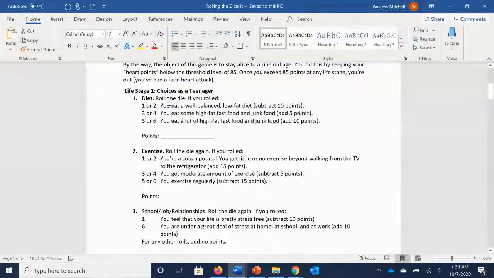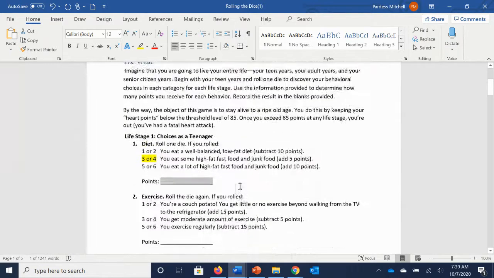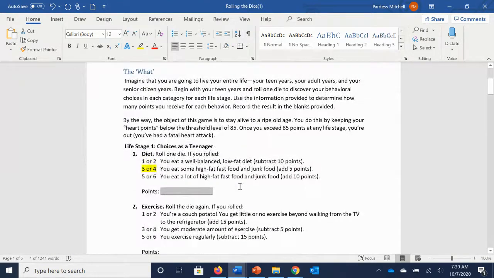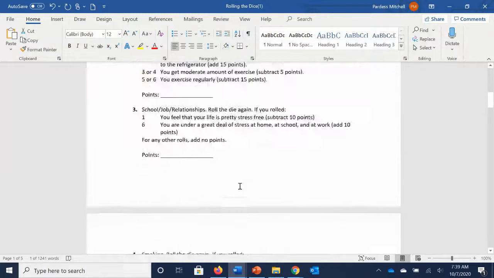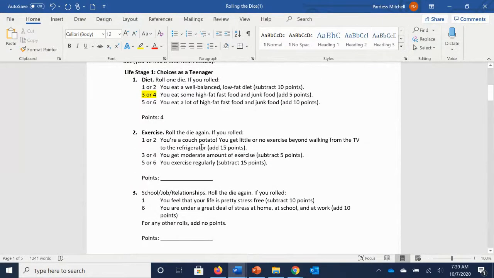So going back to the worksheet, I get a 4, which means I eat some high-fat fast food, and I would give myself points for that. So for this, it would be 4 points.